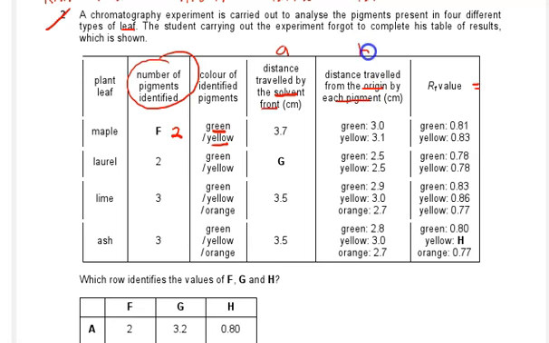So the Rf value is calculated by B over A. For example here, how do we get 0.81? We take 3 divided by 3.7. So let me calculate this. Yes, we do get 0.81.